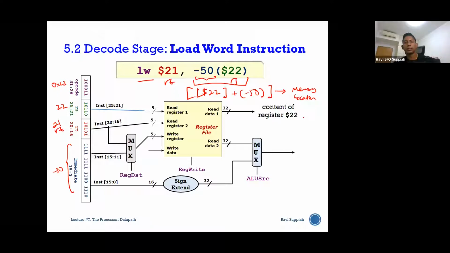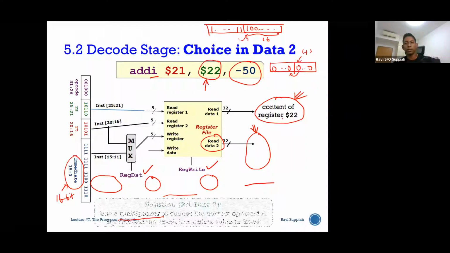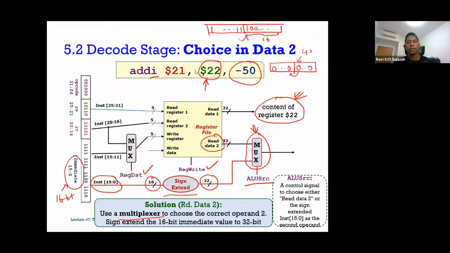That is what this instruction is supposed to do for us. When I look back at the add immediate instruction, do you see any difference in the first part of it? The first part is exactly the same, because we take the content of register 22 and add negative 50. In that instruction, the result is the answer already.